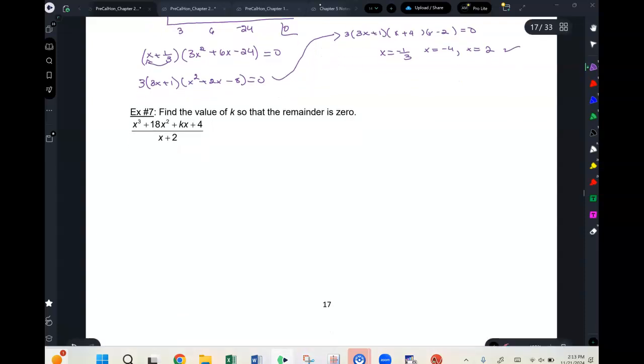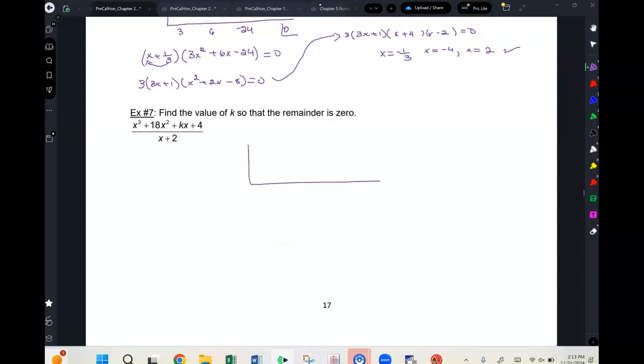Here we go. Find the value of k so that the remainder is 0. So same thing. So here, outside, what do I put? Negative 2. So here I have 1, 18, k, 4, 1, negative 2, 16, 8, k plus 8, and then what? Negative 2k minus 16. No. Oh, sorry, negative 32. I divided. So k minus 32.